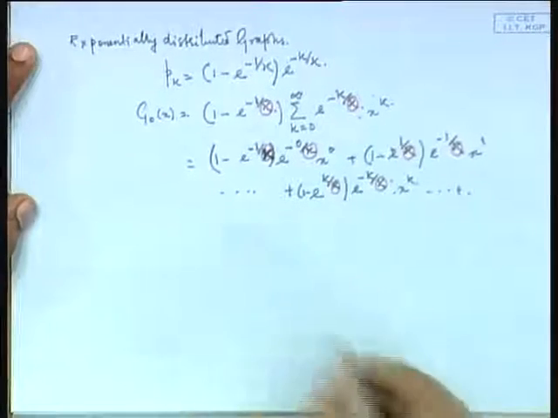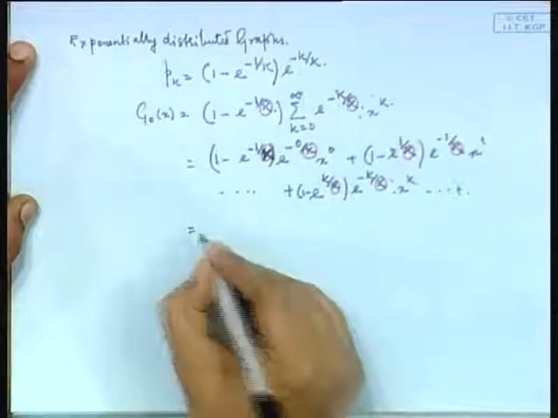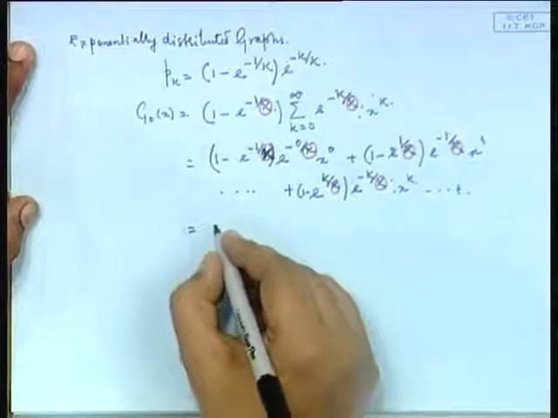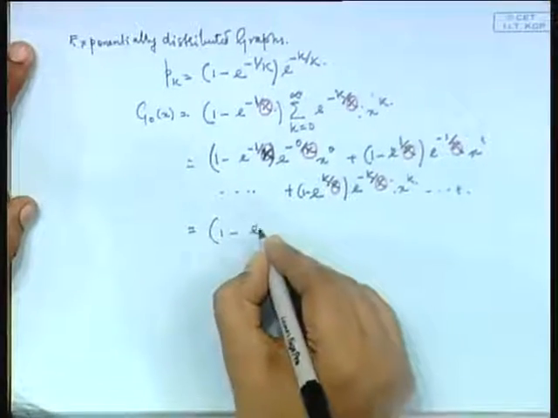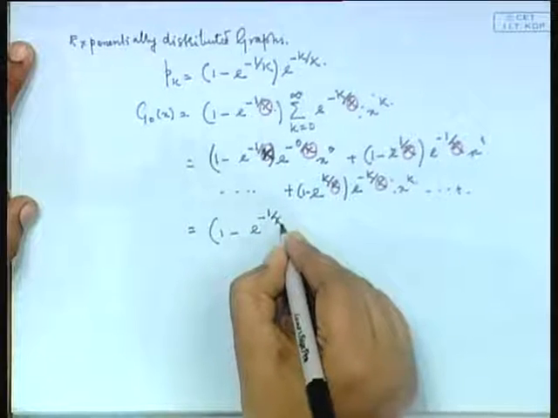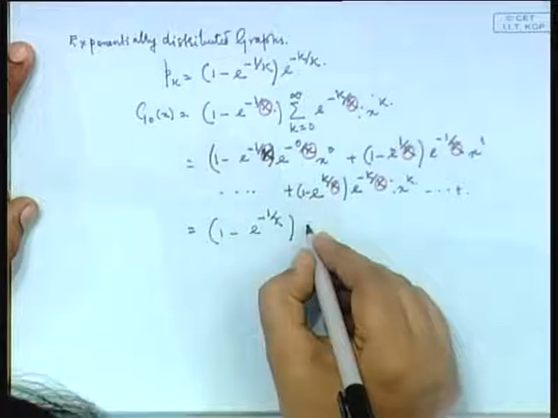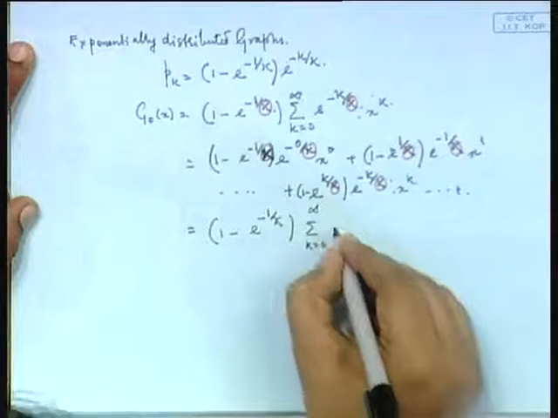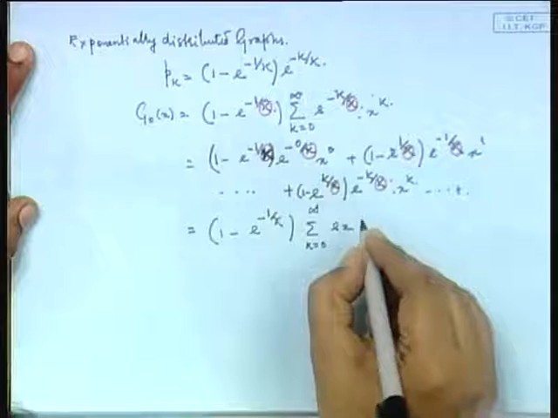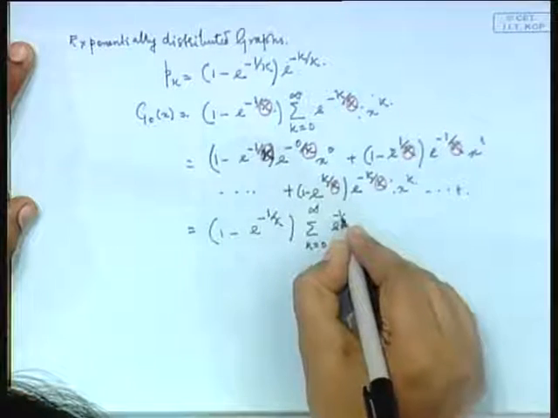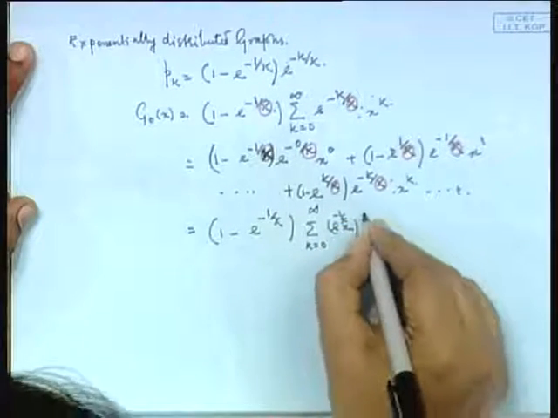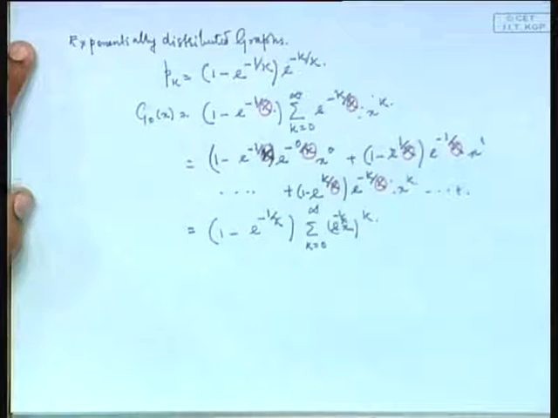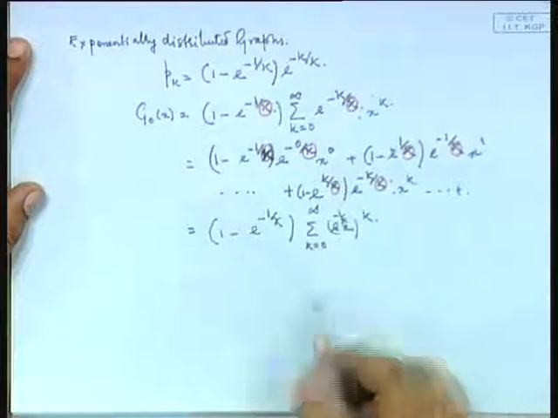Any question? So, now come to this line. This line becomes 1 minus e to the power minus kappa, summation k is equal to 0 to infinity of e to the power minus kappa x whole to the power k.